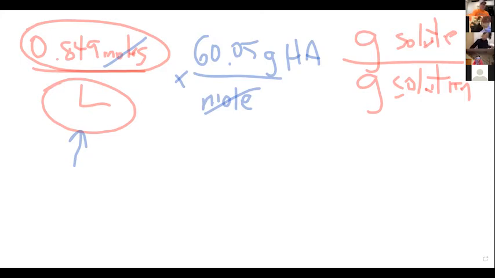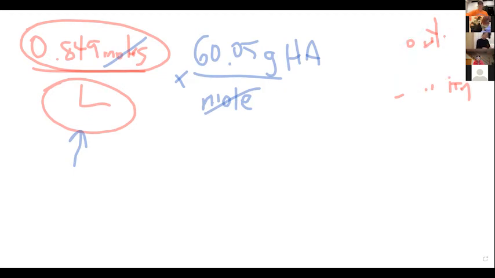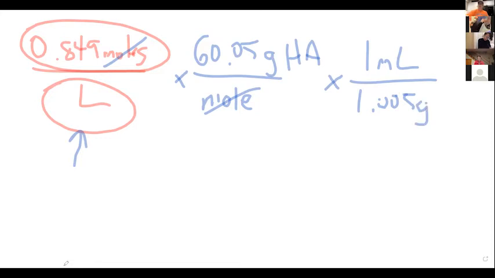I still need to convert liters to a mass of solution. So I will multiply that again times 1 ml of solution is equal to 1.005 grams. And convert the milliliters to liters. 1 liter is equal to 1,000 milliliters. So my mils are canceled.